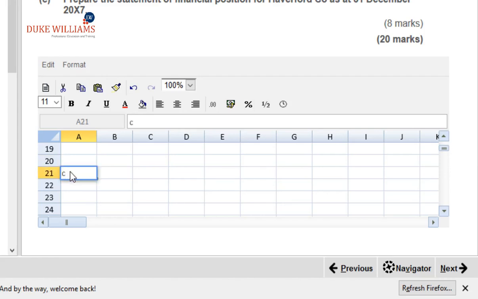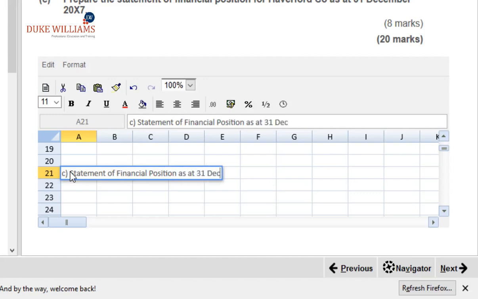So let's show the next requirement, which is the statement of financial position here. So C, statement of financial position as at the 31st December 20X7.